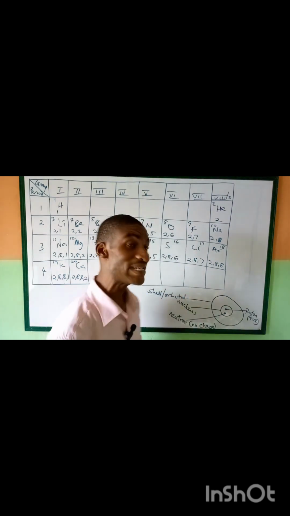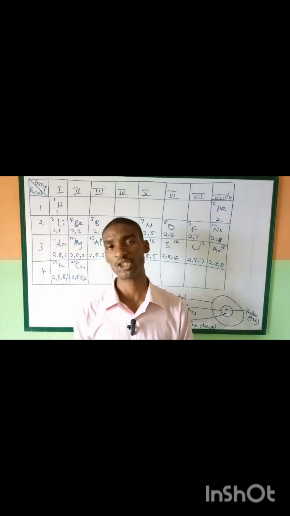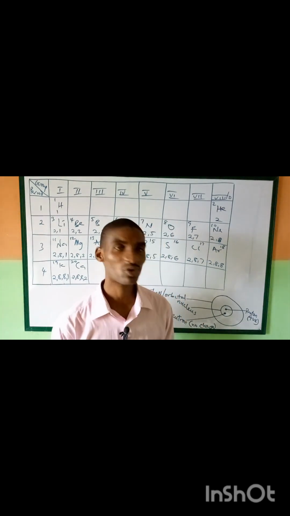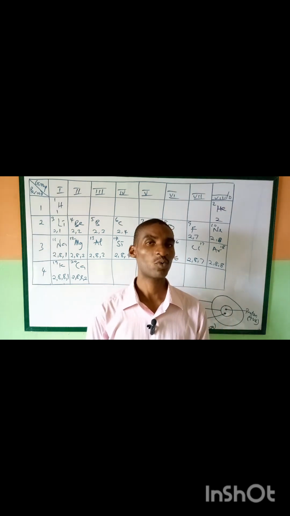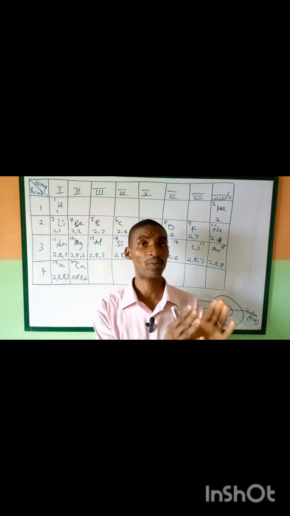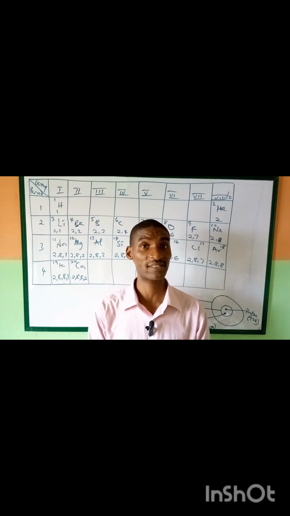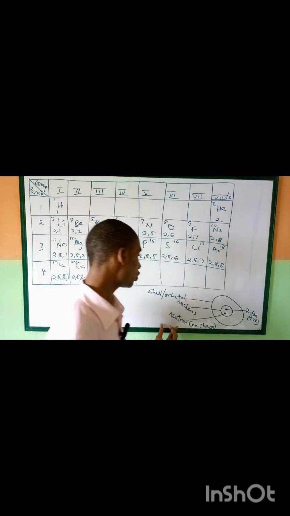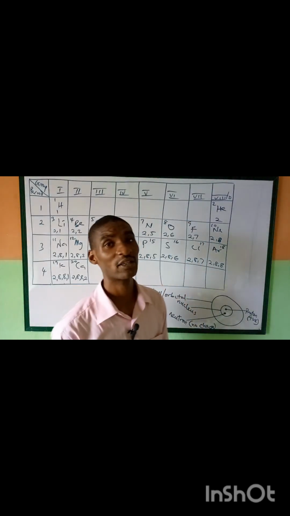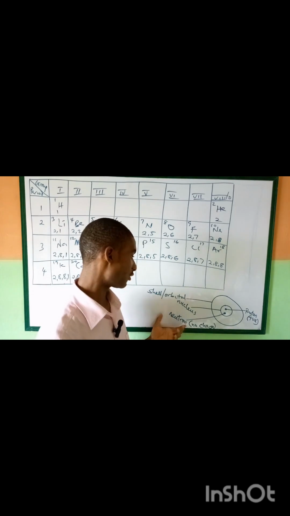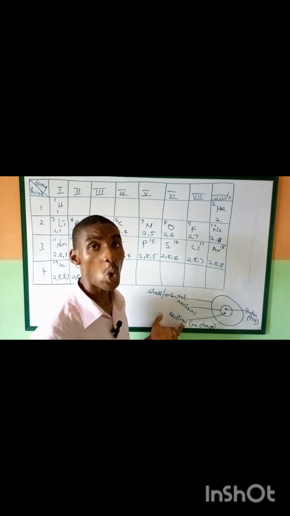When you say neutral, neutral means equal positive and negative. So when a substance has equal positive and negative charge, you say it's neutral. But the neutron does not have negative charge, and it does not have positive charge. It's neither of the two, therefore it's called neutron, no charge.